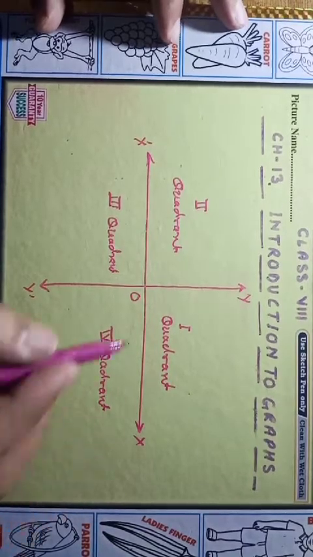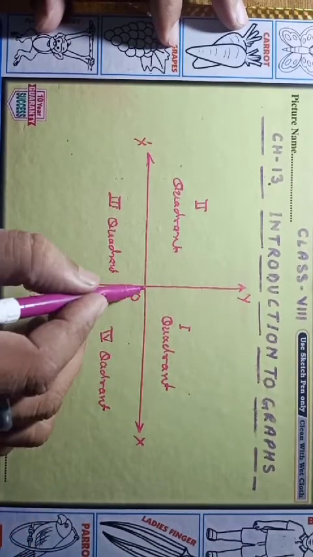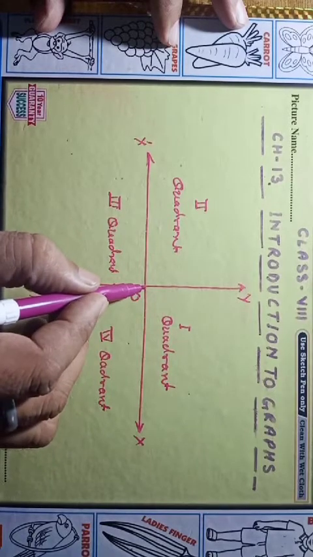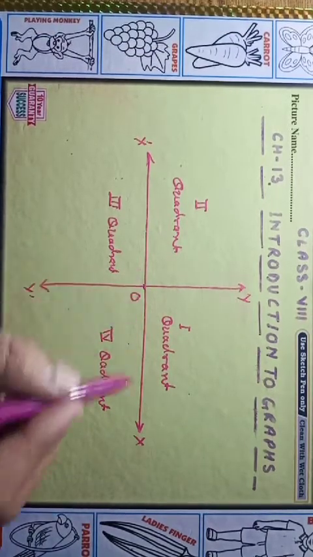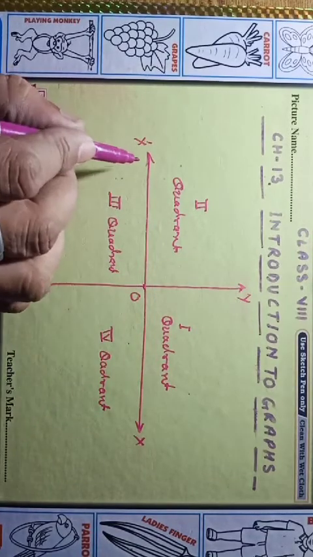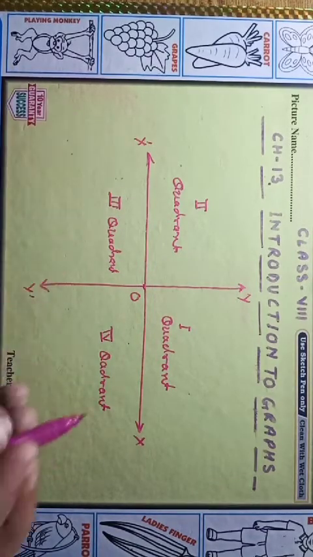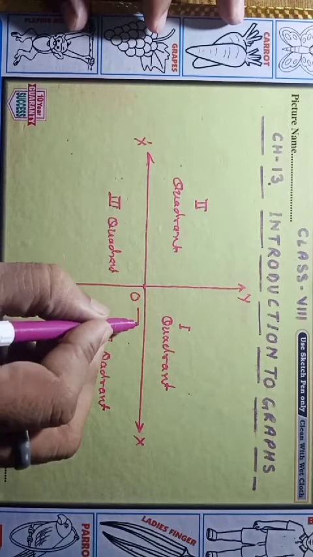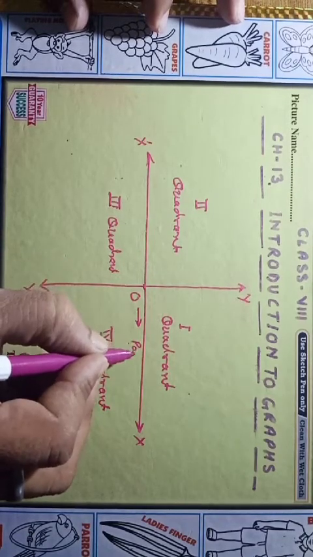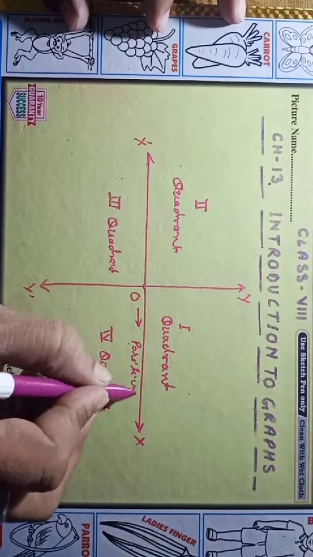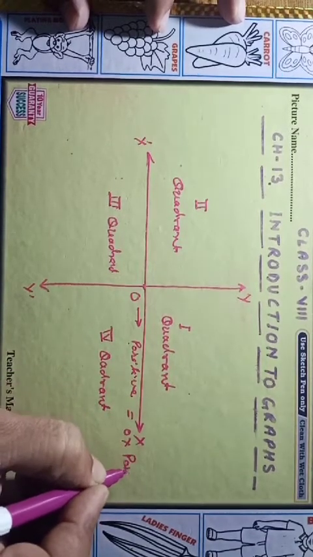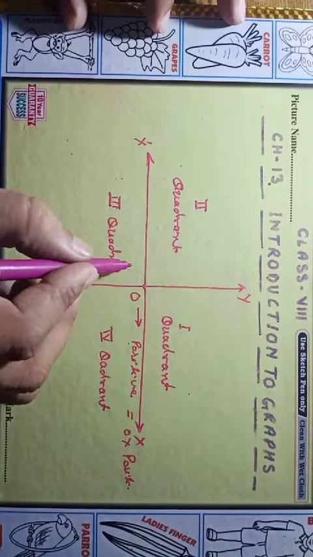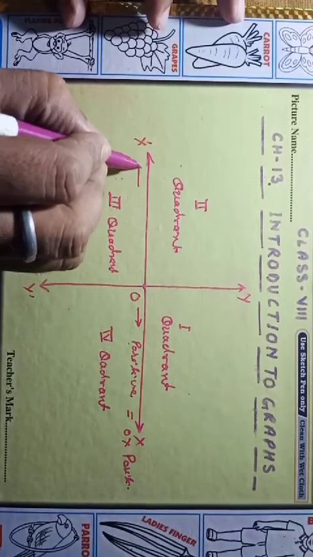Four parts. Now here this line OX is positive. From origin to the right side is positive, from origin to the left side on the x-axis is negative. OX is positive and OX dash is negative.